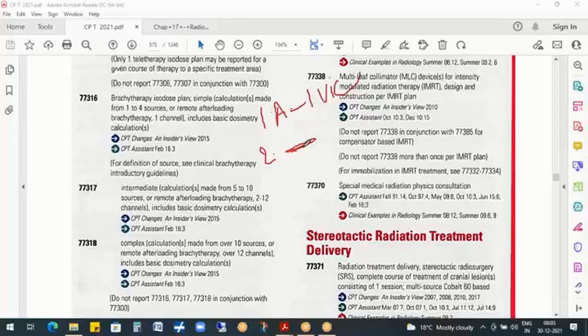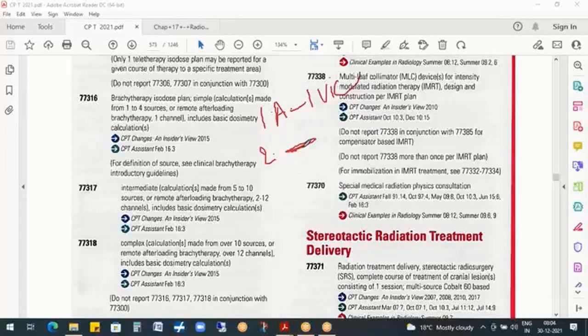For example, there are 4 body parts; on each body part, we need to look for the number of views. Anterior means one view. Posterior means one view. Anterior-posterior means front to back, one view. Posterior-anterior means one view. Like that the views are.